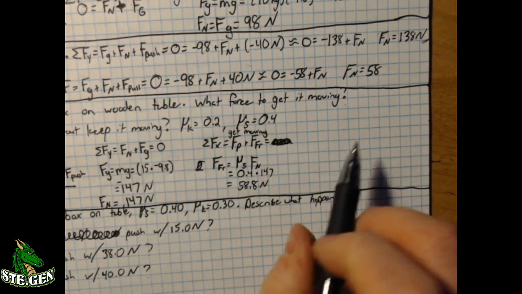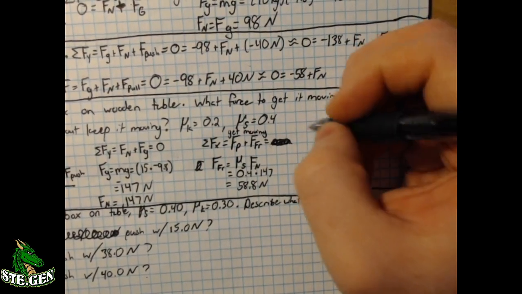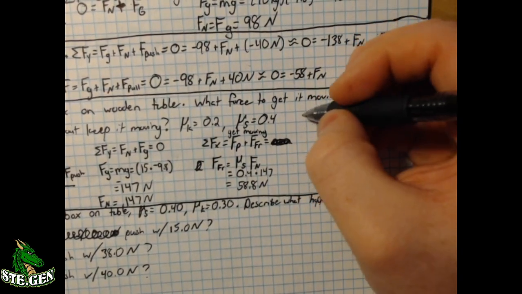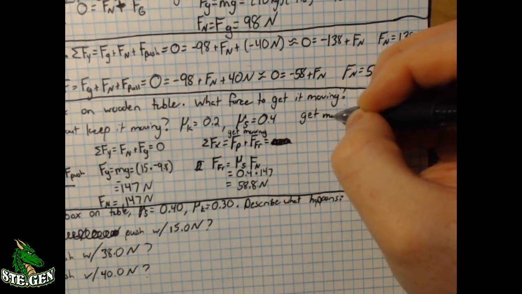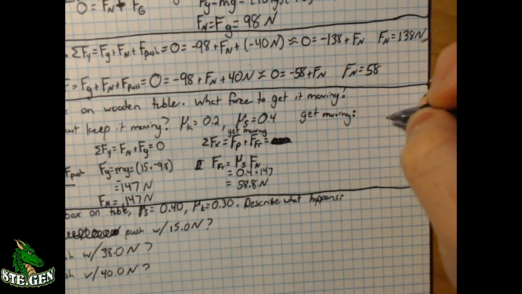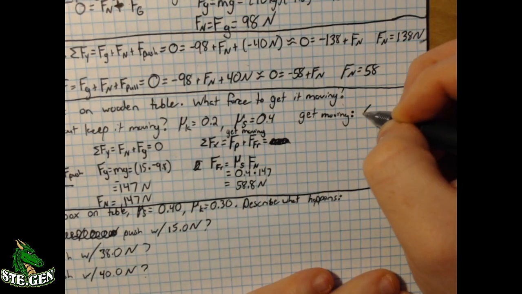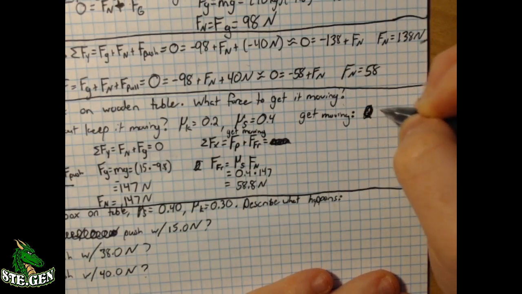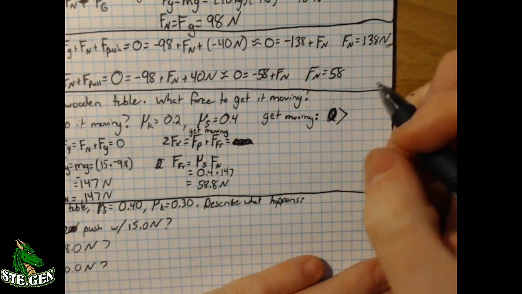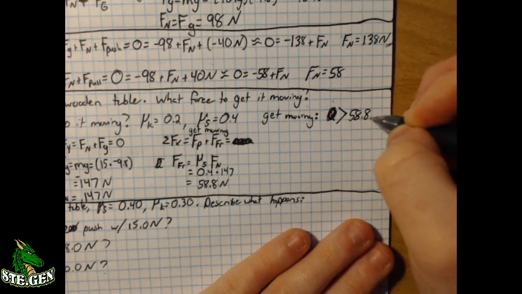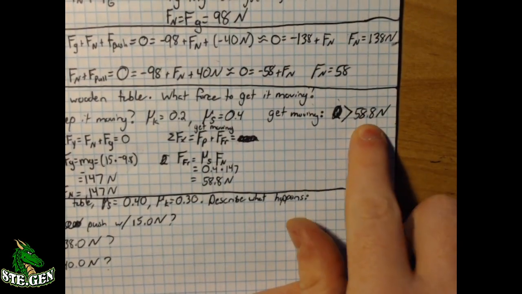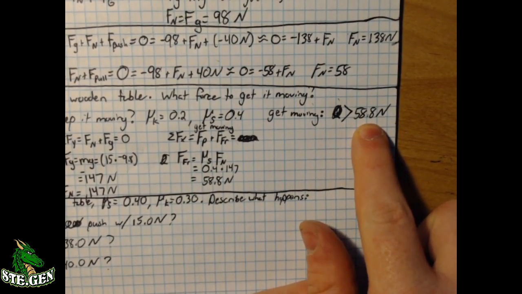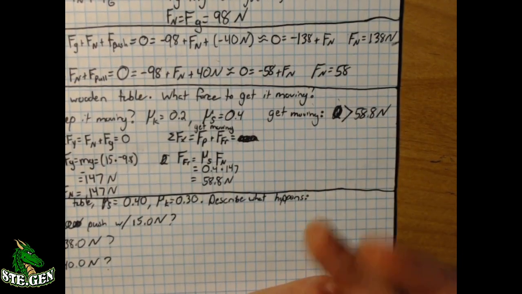In order to get any movement, you will need a force greater than 58.8 newtons. But once you've overcome static friction, because that's the maximum value that static friction can prevent you from moving it, you won't actually need that much to keep it moving.